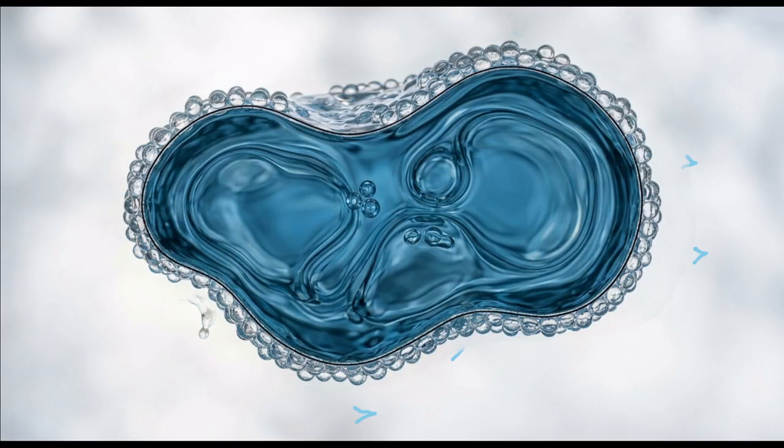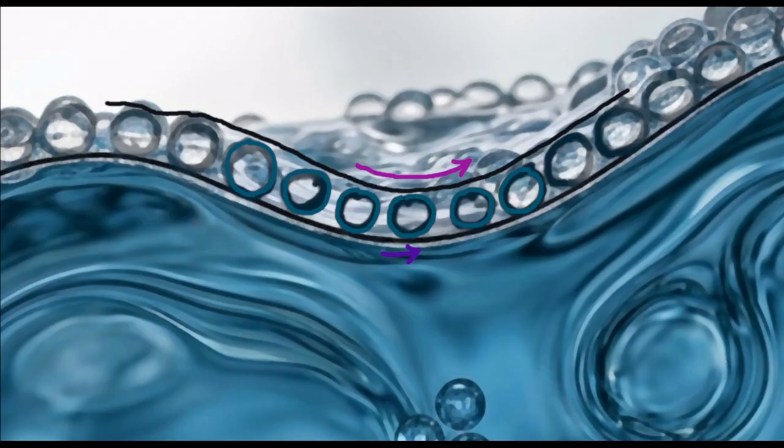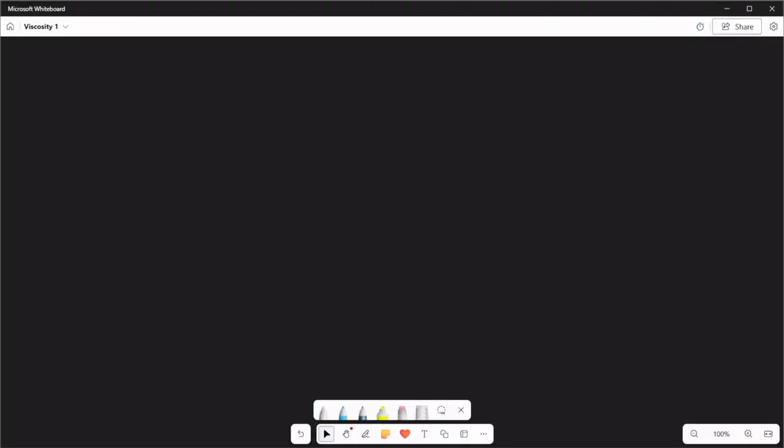So zooming in on this, and going to the skin. This is the skin layer, and I'm dividing the skin into these little cells. So if there's a higher velocity flow, say along the top, than there is along the bottom, there's going to be a force on these cells caused by the viscous fluid. I'll go back to the whiteboard.